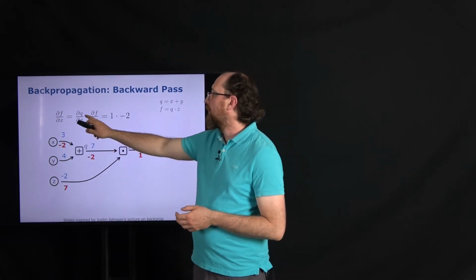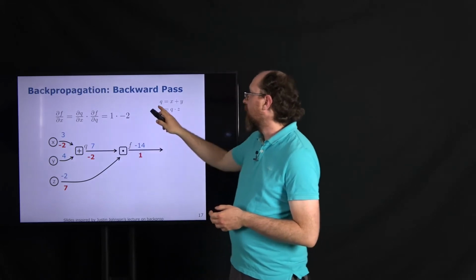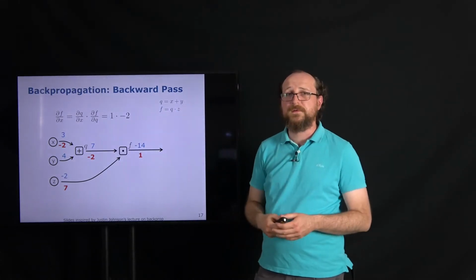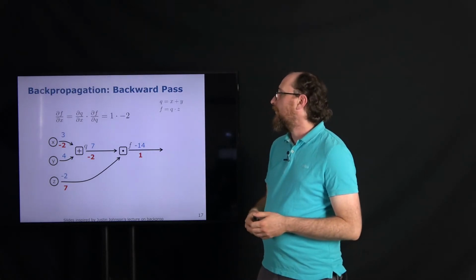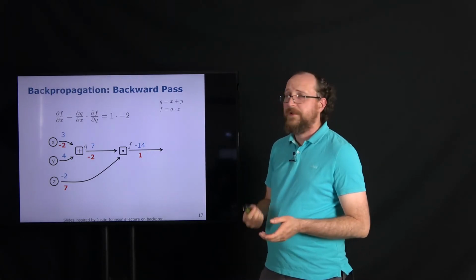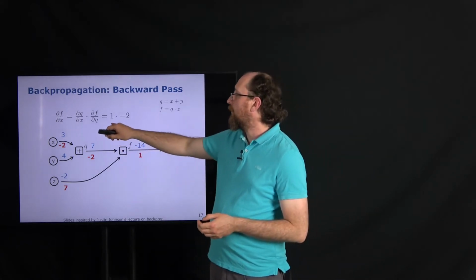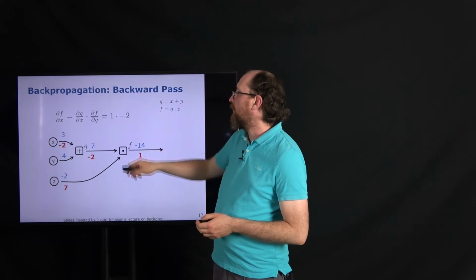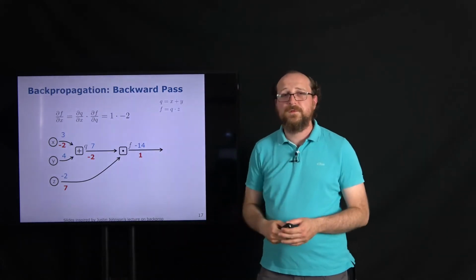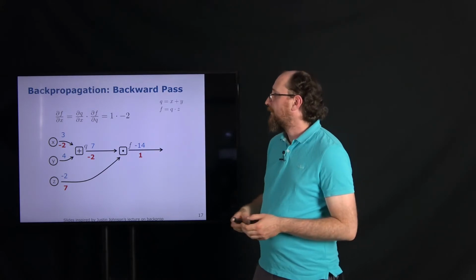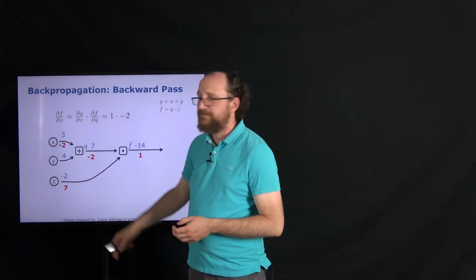And for the partial derivative of q in respect to x, remember that q equals the sum of x and y. The partial derivative in respect to x is just 1. So to compute it, we have 1 times -2. So the partial derivative of f in respect to x is just -2.